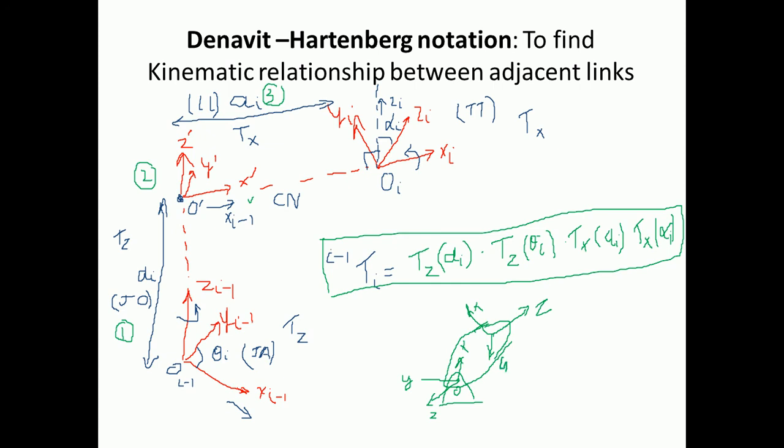Okay, so you can see that both these frames are lying with the same origin. So with respect to this, the first value is going to be 0. So in such a manner we can find these parameters between two adjacent links.